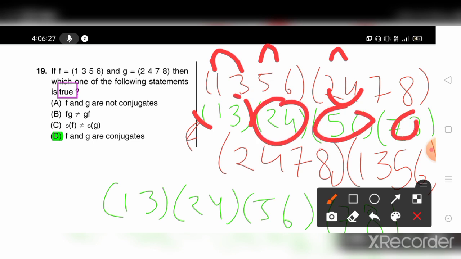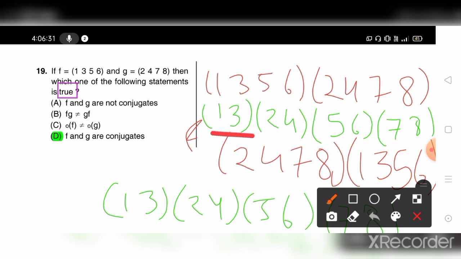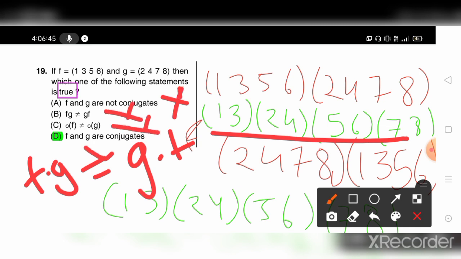Both are the same, f composition g and g composition f. So option A is wrong, option B is wrong, option C is wrong. Only option D is correct.